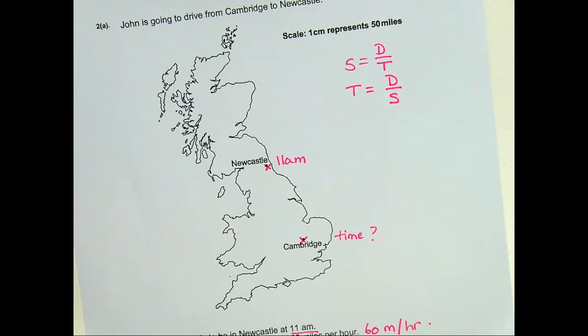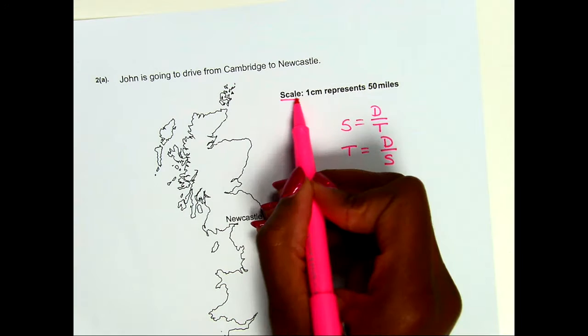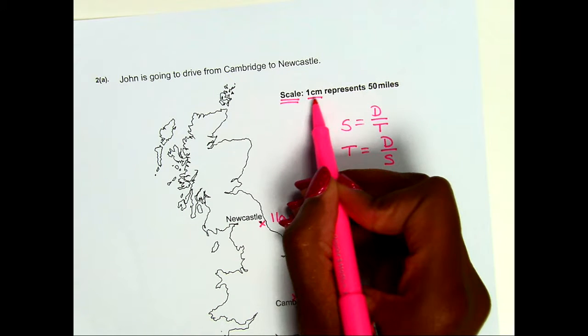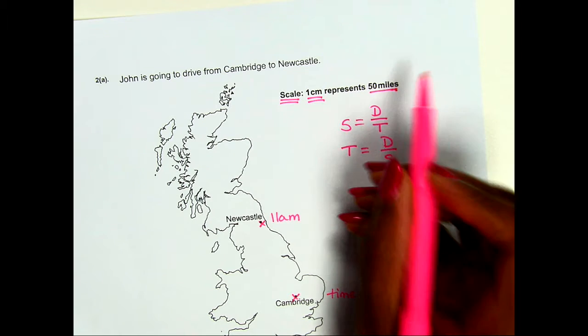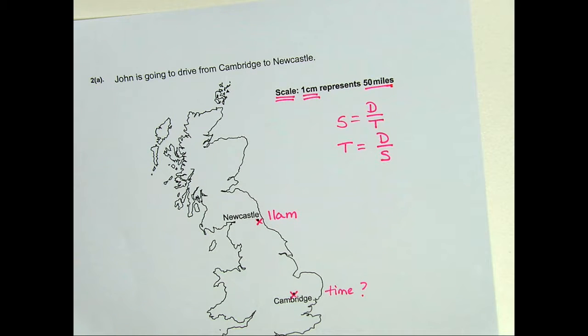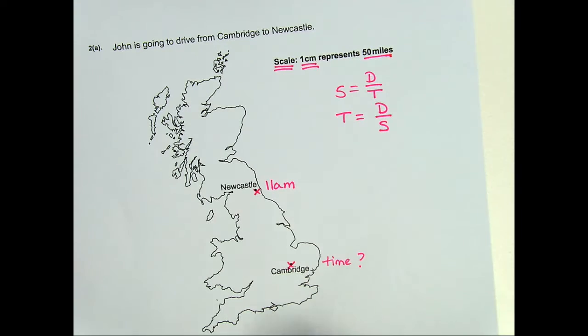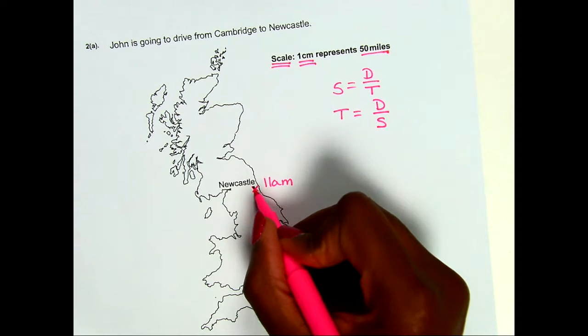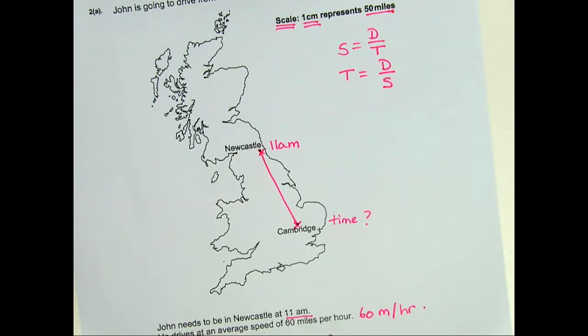Now, first we need to measure the amount. Now on the top of our paper it says the scale 1 centimetre represents 50 miles. Okay. Now if you have a ruler, what you would do is you would use your ruler to measure from Newcastle to Cambridge. Now if you measure from Newcastle to Cambridge, which I've already done before, that is going to give you 4 centimetres.